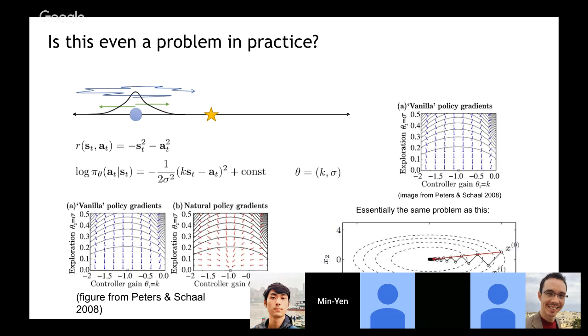So there are two parameters here, k and sigma. With the first algorithm, it always points the k in the downward direction. So the k parameter is not improved by the algorithm, whereas with the natural policy, since we have the Fisher information, we know which parameter changes the probability, our pi.